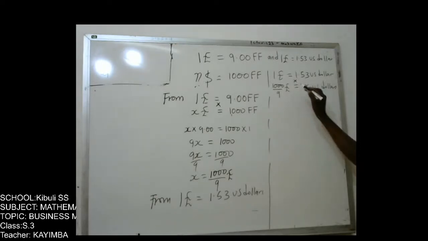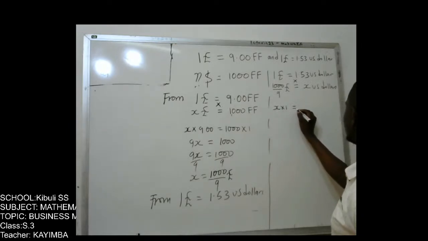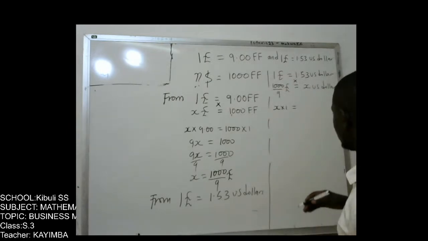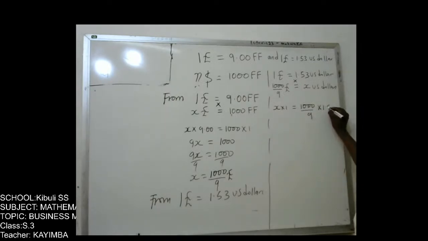Cross multiply. Okay? It's going to be X times 1 is equivalent to 1000 over 9 times 1.53. I told you to leave these symbols and you concentrate on the numbers, okay? Now you divide this, get that number with the recurring, and then you multiply with 1.53.